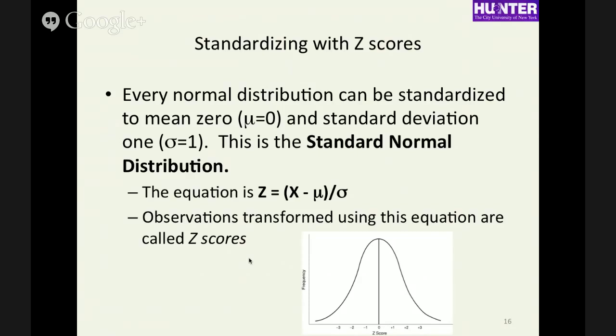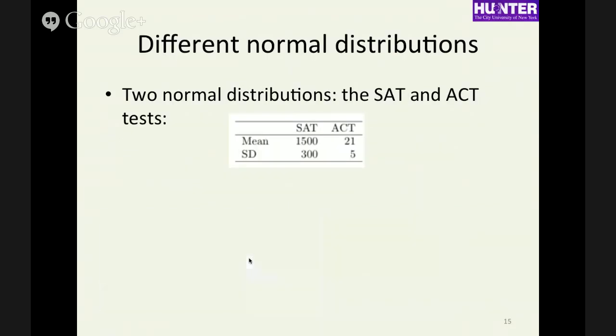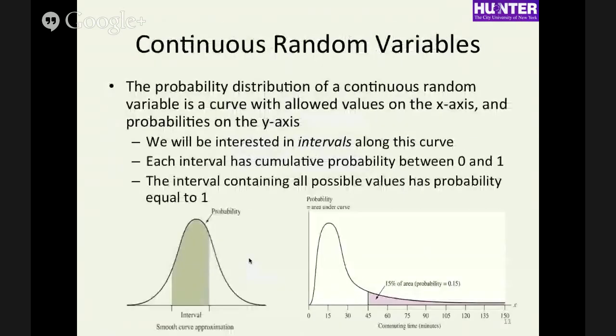So here's a question for you. Suppose that we had gone and done that with this distribution. We did that z transformation. Would we end up with a standard normal distribution after we subtract the mean and divide by the standard deviation?